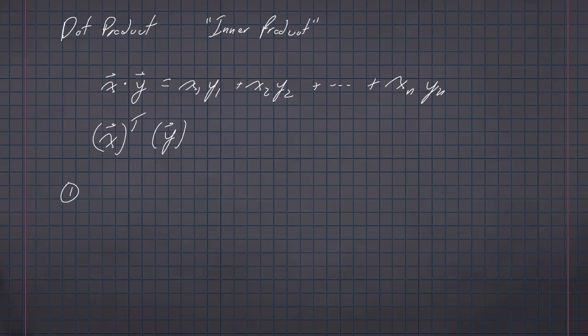And just like with scalar or vector addition and scalar multiplication, the inner product has a couple of properties that you're already mostly familiar with. It does not matter the order. The dot product is commutative. I put the name first when I did this before, so let's be consistent about that.